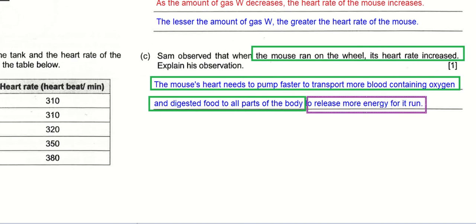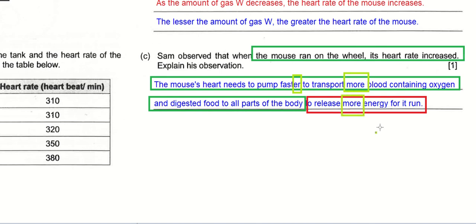So where's the compare? The compare is needs to pump faster, transport more blood into all parts of the body to release more energy.